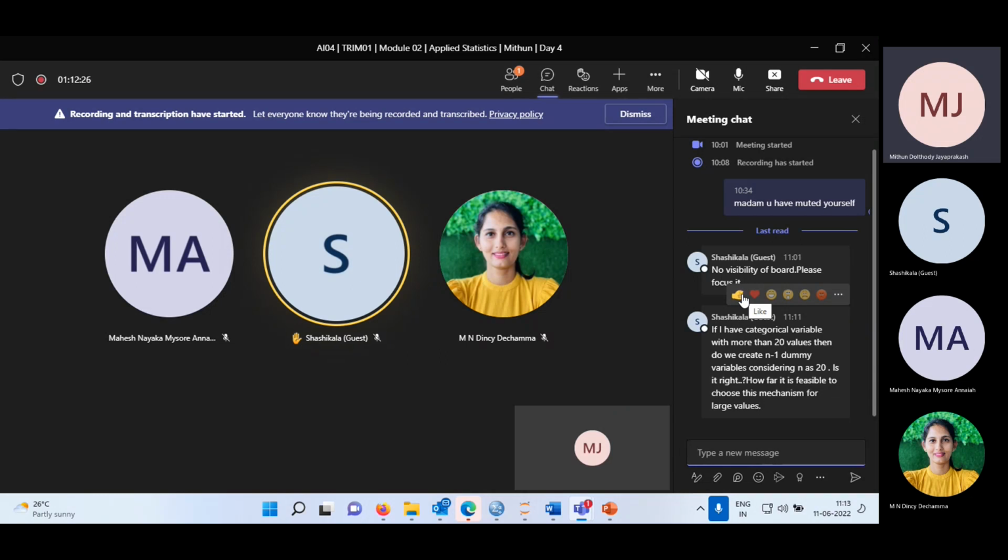If you get an R square of 0.72, what does this mean? You should be in a position to interpret it. It means 72% of the variation in the dependent variable is explained by the set of independent variables that I have.